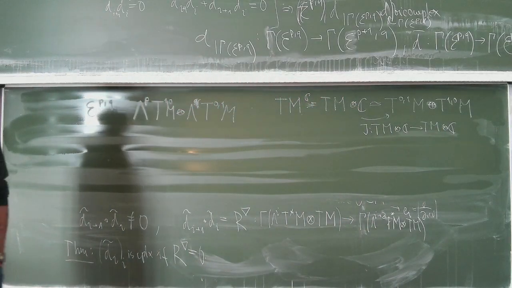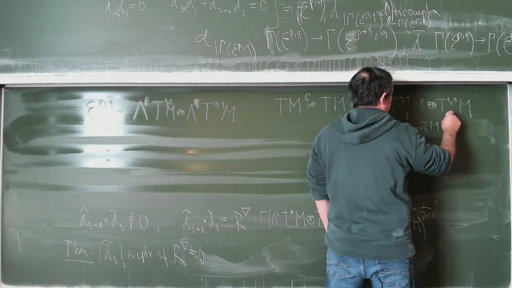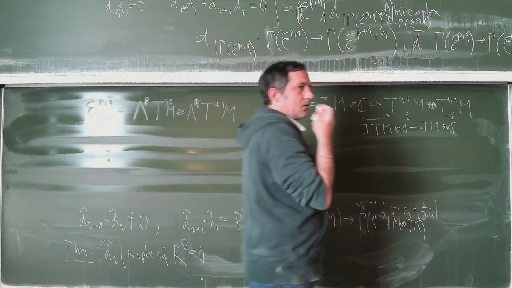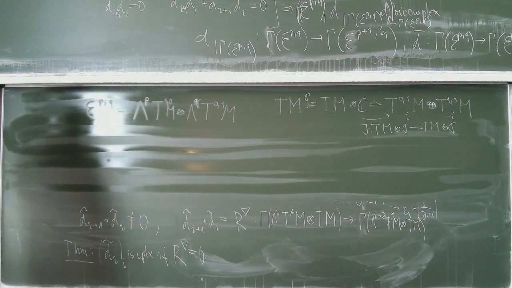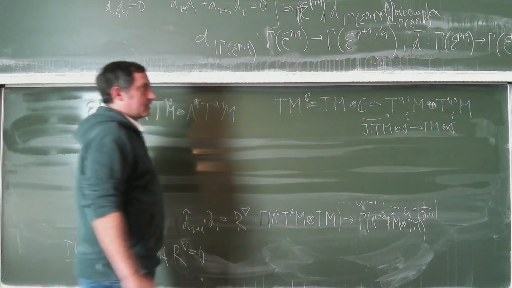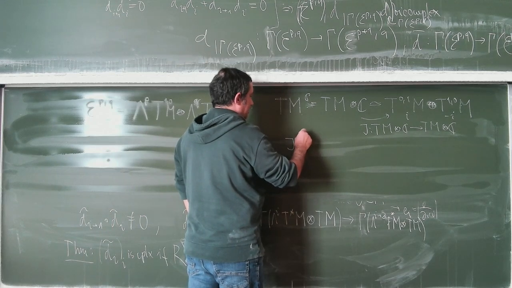So this corresponds to the i and to the minus i eigenvalue of J. From this point of view, J is given in coordinates only.